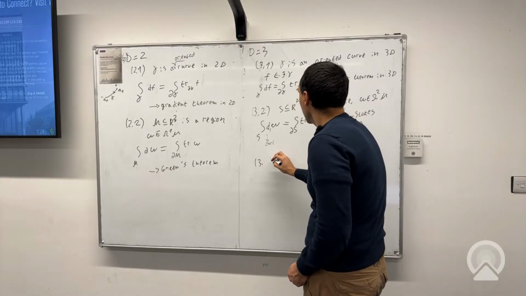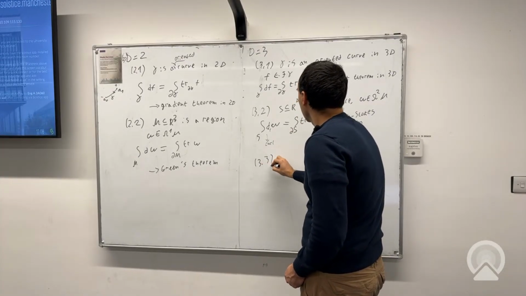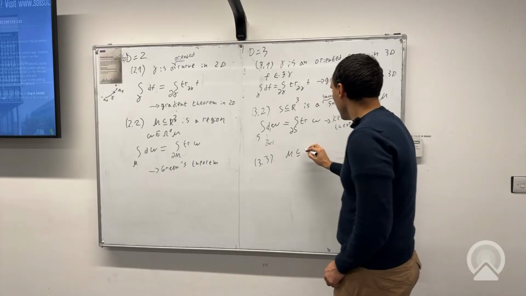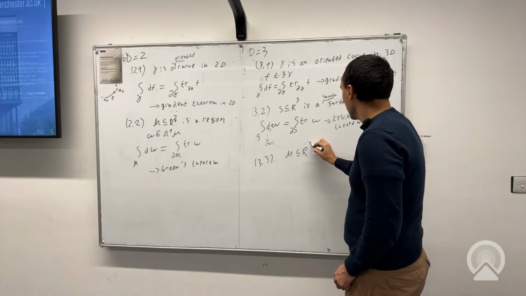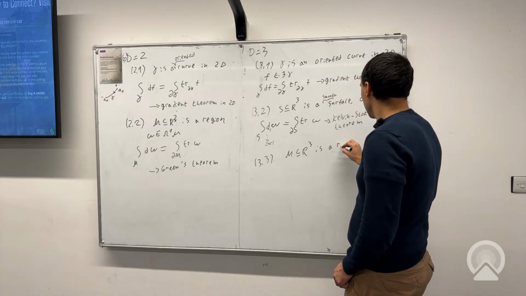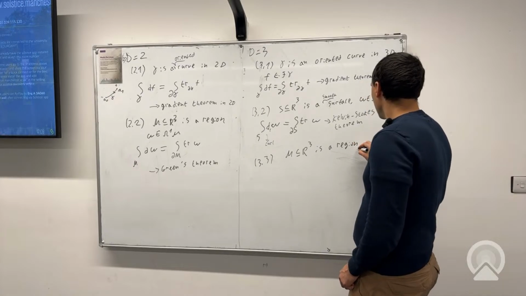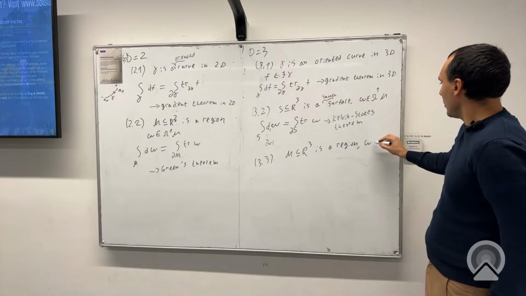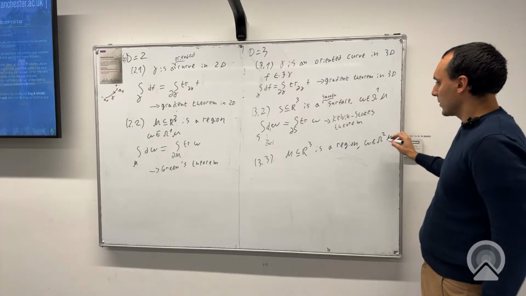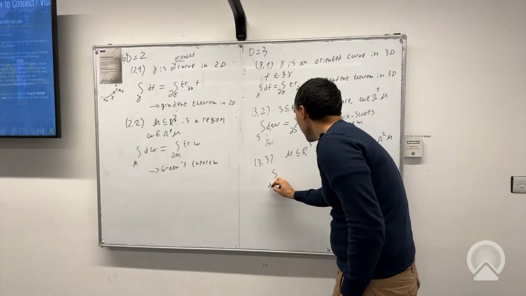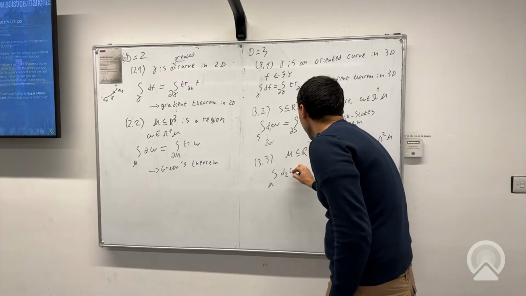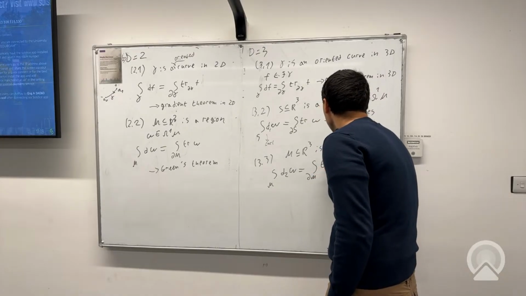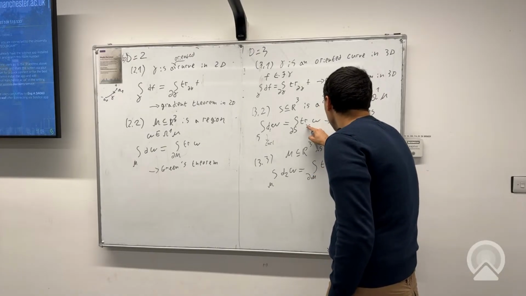And last one, this is R3. M is a region and omega is now a two-form. Then the integral over M of d omega is the integral over the boundary of M of the trace on the boundary.